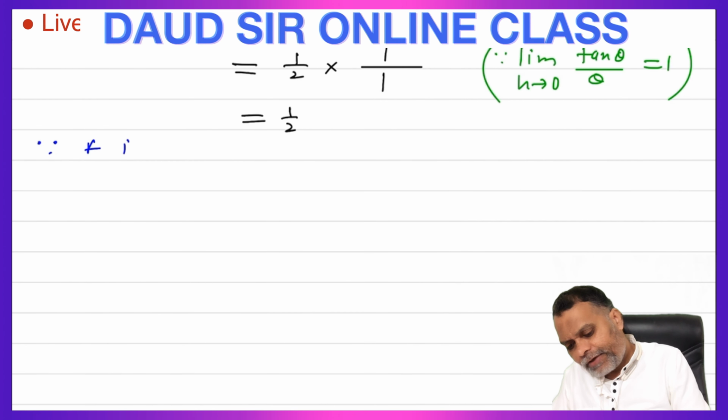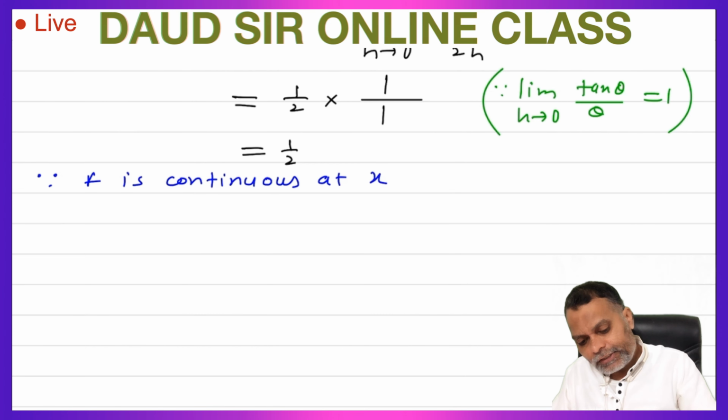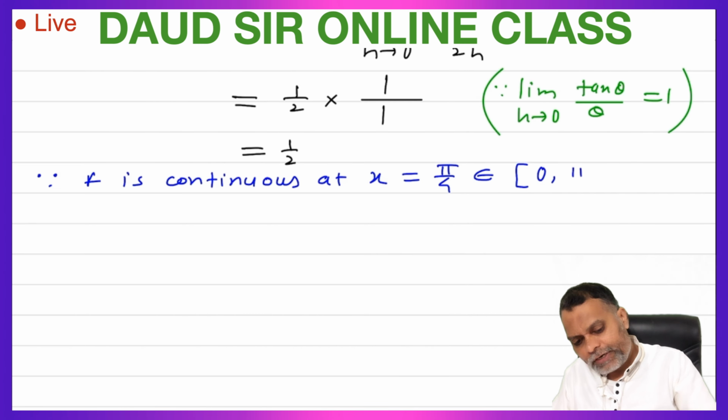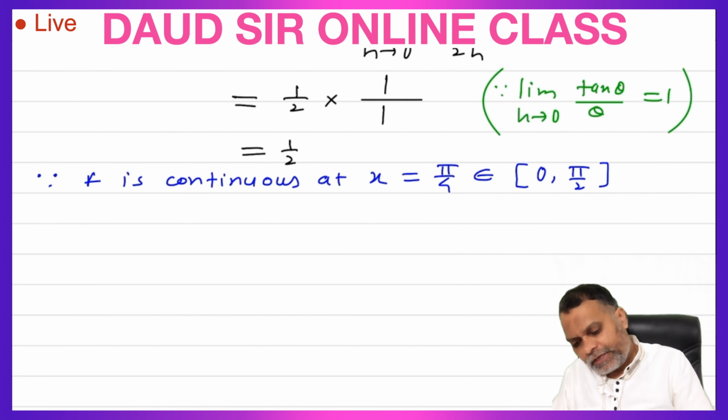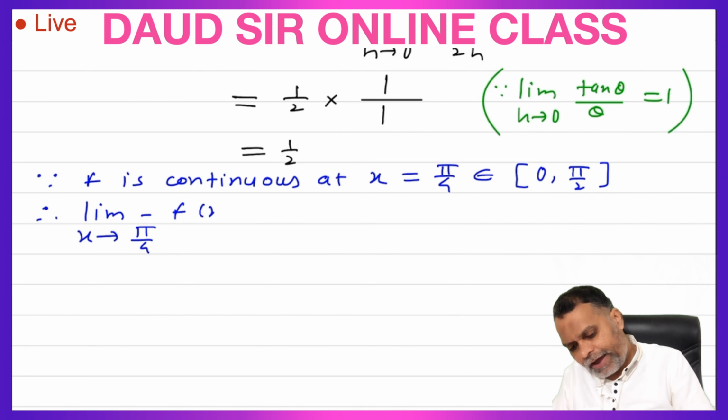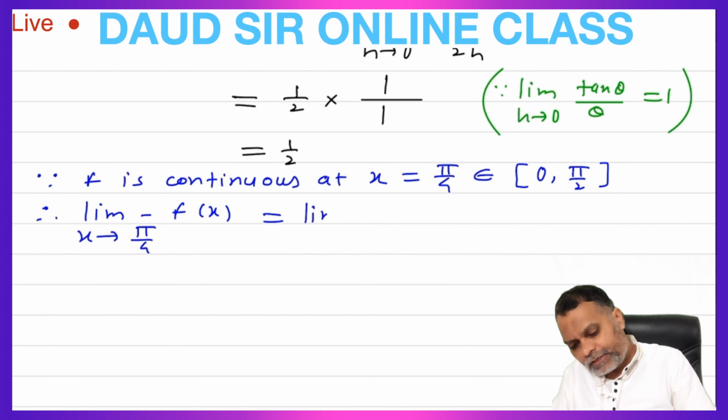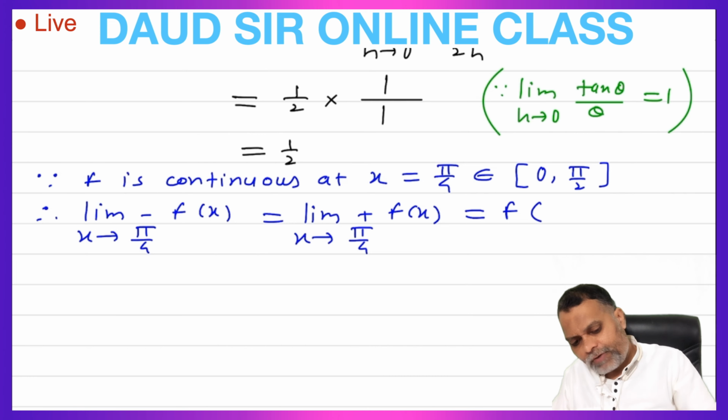Since f is continuous at x is equal to pi by 4 and pi by 4 belongs to the closed interval 0 to pi by 2, therefore, left hand limit x tends to pi by 4 minus f of x is equal to limit x tends to pi by 4 plus f of x is equal to f of pi by 4.